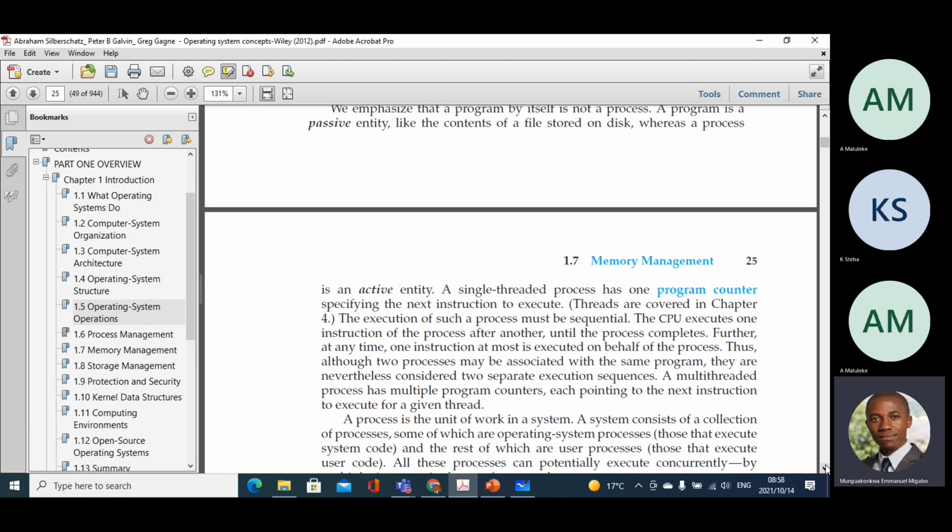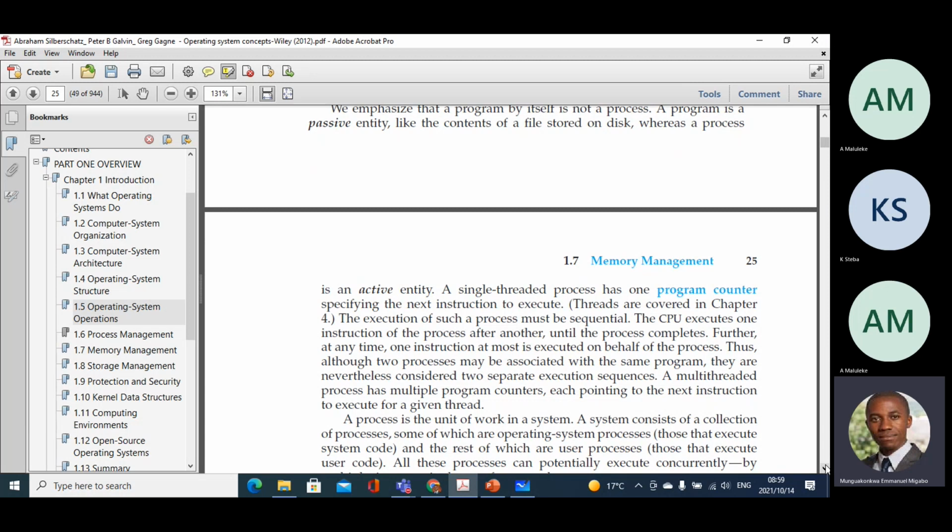We'll study more about threads in chapter 4 because processes and threads are sometimes used interchangeably, but there is a nuance in the sense that they are different. As you can see already, a process is a program under execution, but a thread could be a piece of a program being executed, and that could be executed concurrently with another piece of the same program.